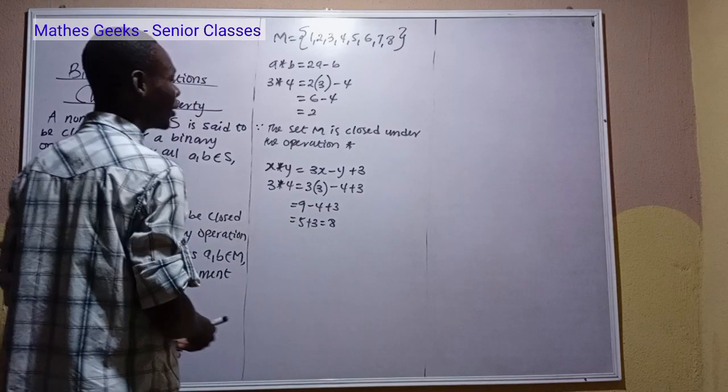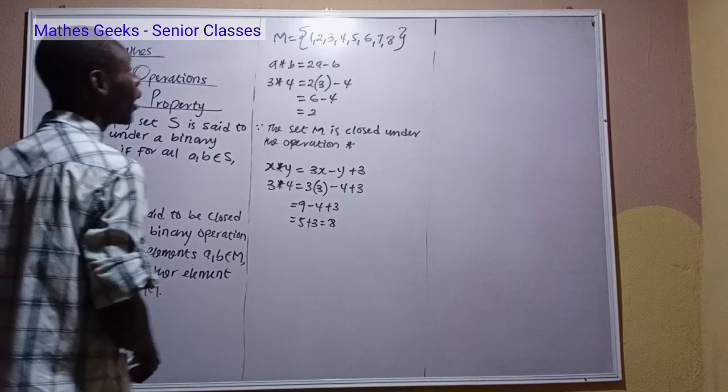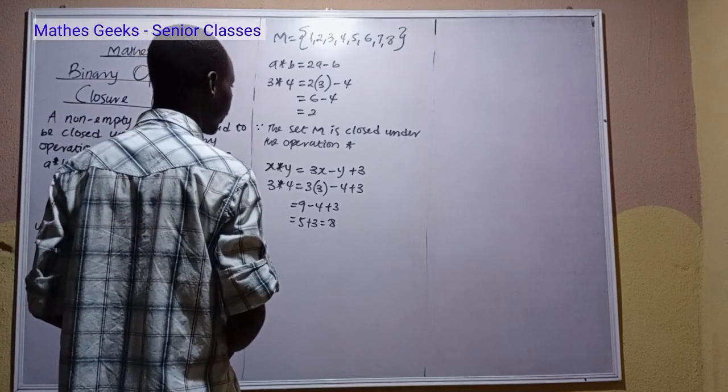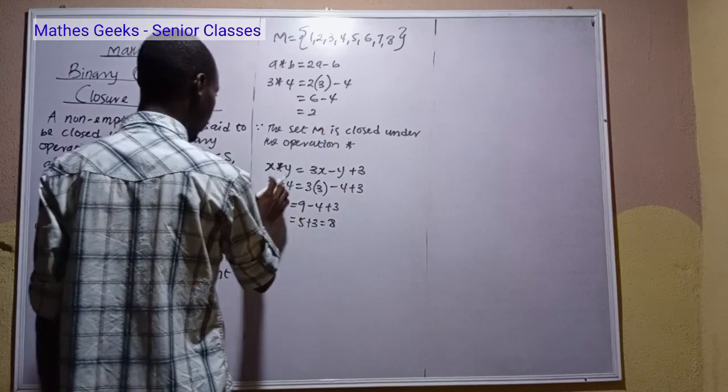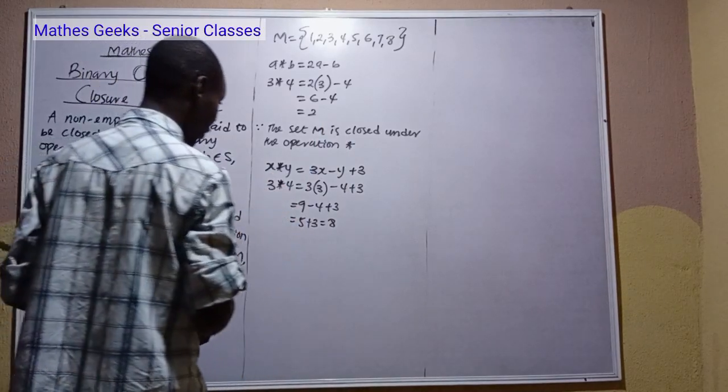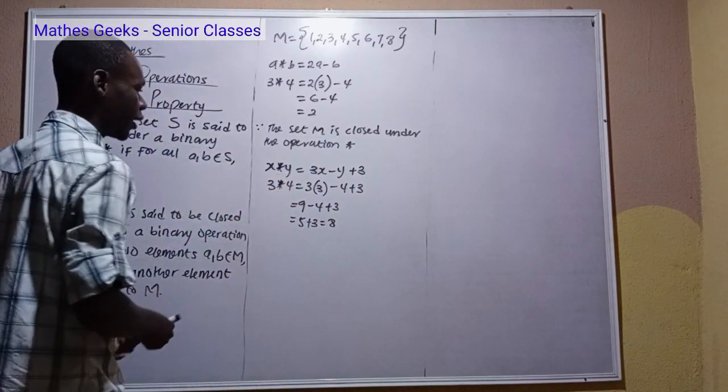That's equal to 8. Is 8 a member of the set M? Yes. So if 8 is a member of the set M, that means the set M is closed under the binary operation star.